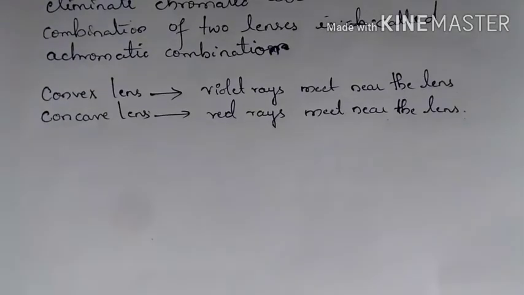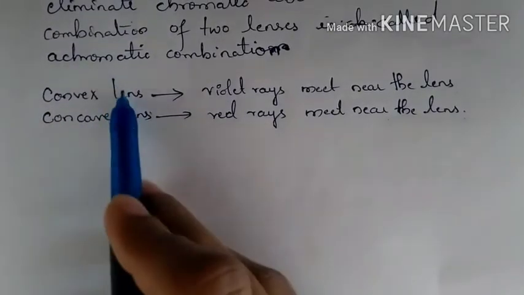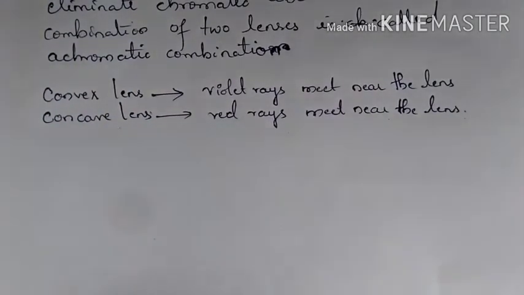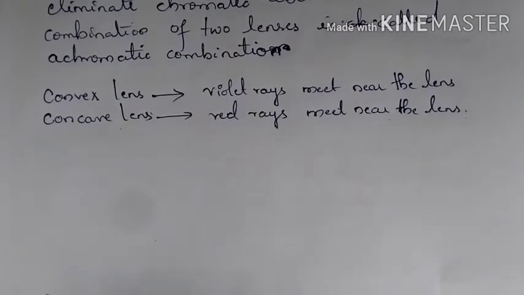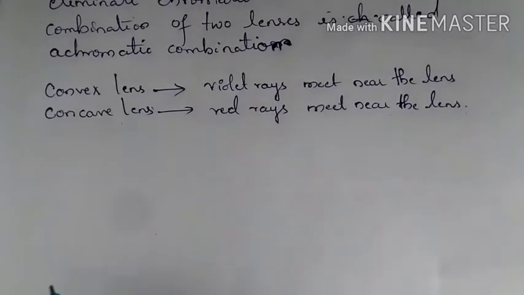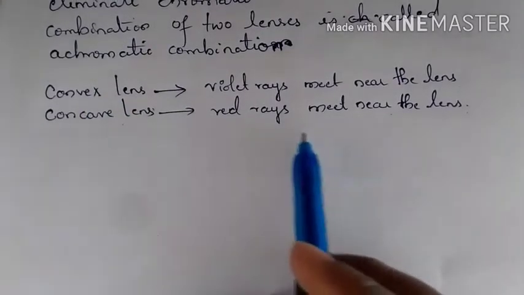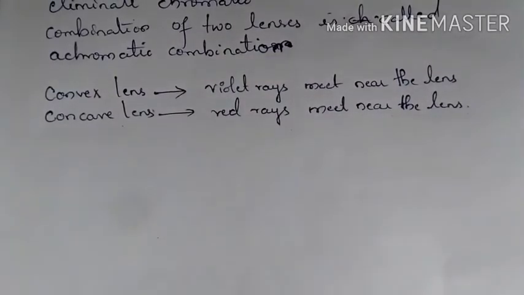Now if you use a combination of a convex lens and a concave lens, there is a possibility of forming the image at a particular point. Here you will not find two different focal points.